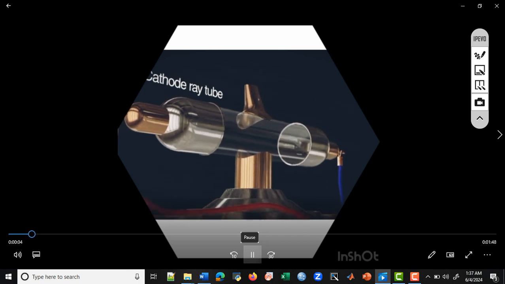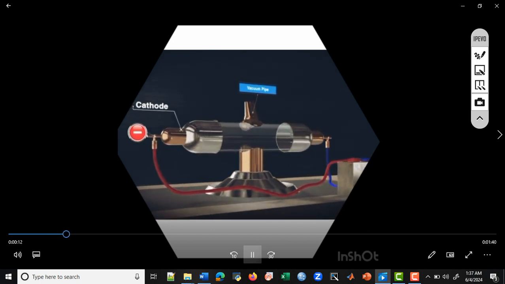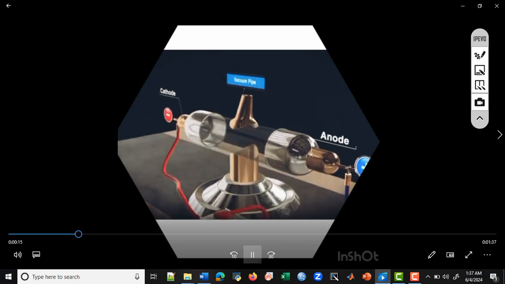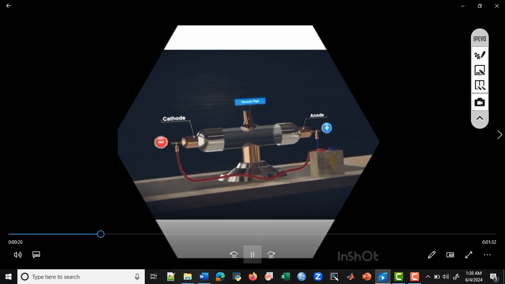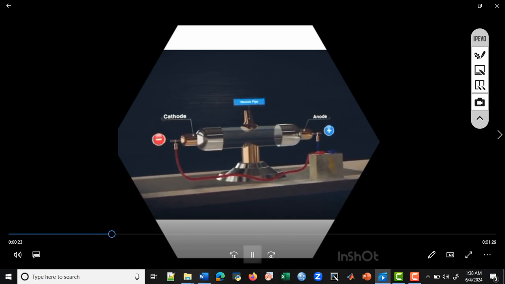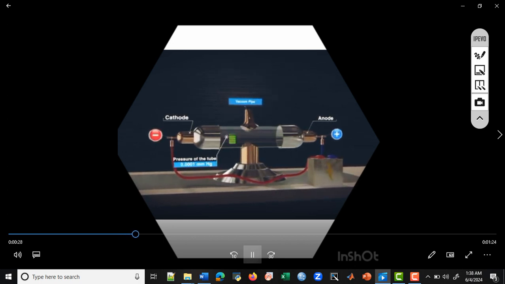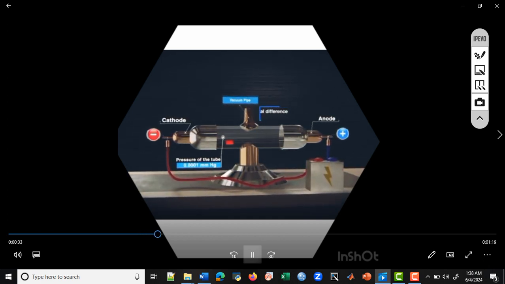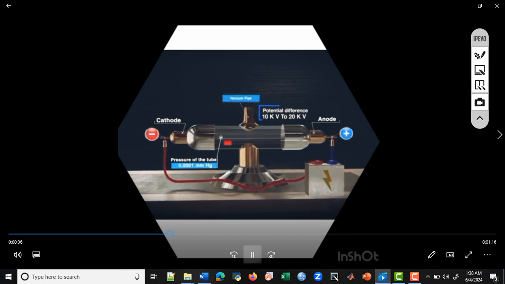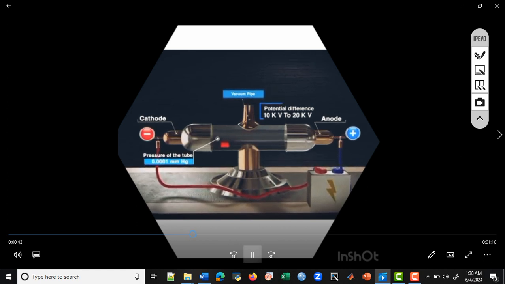This is a cathode ray tube. It has the negative terminal called the cathode, the positive terminal called the anode. At very low pressure and high potential difference, the discharge tube can produce cathode rays.